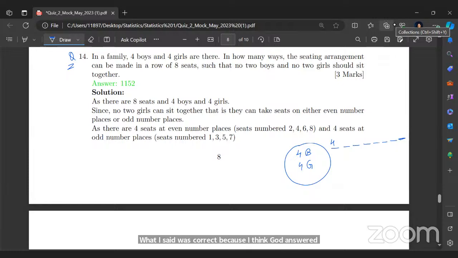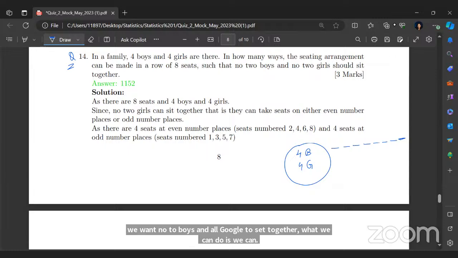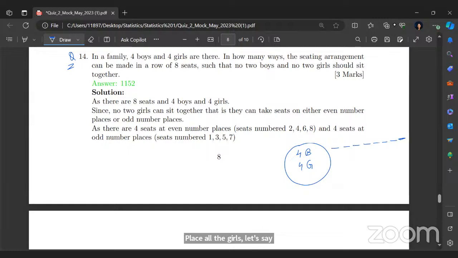Yeah, whatever seating arrangement you decide, you just double it. Since we want no 2 boys and no 2 girls to sit together, what we can do is place all the girls, let's say, at even numbers. So let's say I'm placing girls here. This can be done in 4 factorial ways, and again these can be swapped.